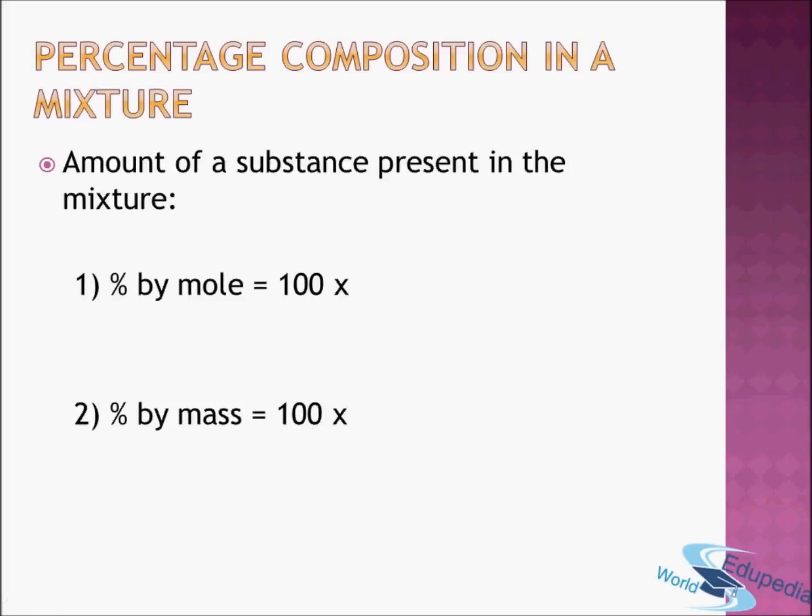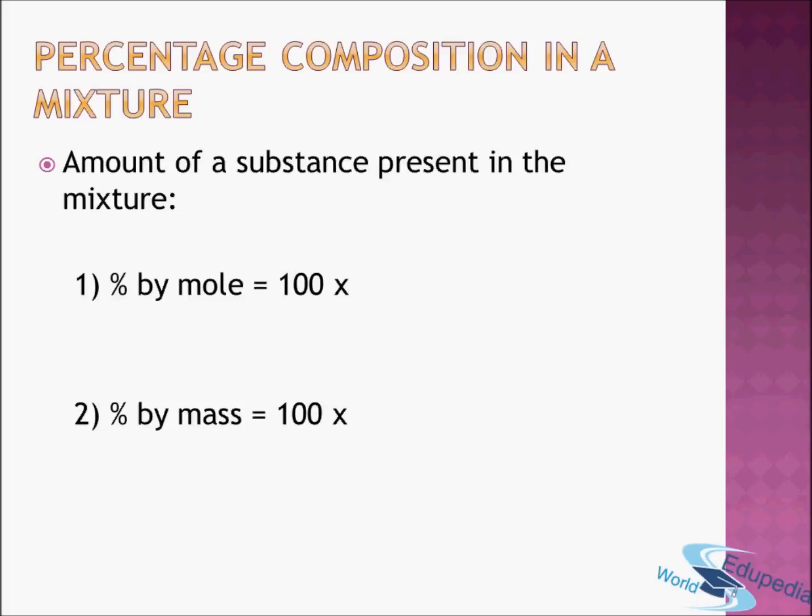Again, percentage by mole is molar composition, percentage by mass is mass composition. In percentage by mass, I need to know what is the mass of each of the constituent given the fixed mass of mixture.